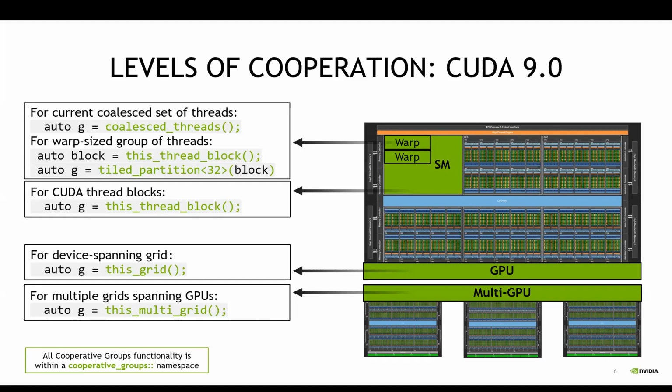Therefore, when we want to use things like coalesced threads, or if we were to call out a named group type specifically, we're using auto here, but we'll see some named group types in the next couple slides, we would normally have to use cooperative groups with that scope resolution operator as I've depicted on the bottom when I'm referring to the namespace. And so that's a requirement for your code as well.